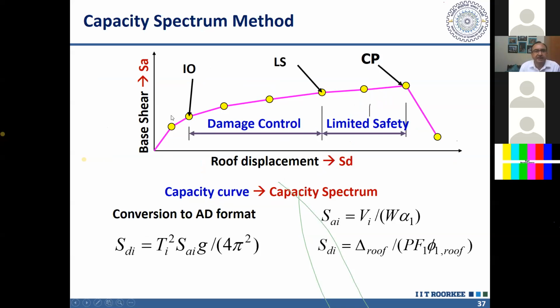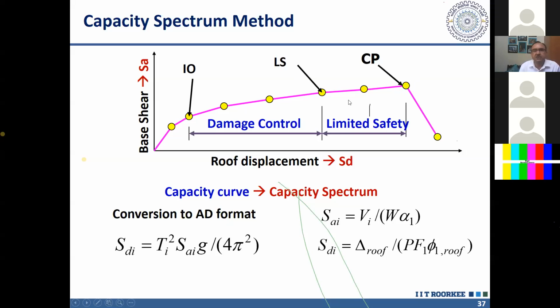At some condition, some member will cross the IO limit, some member will cross the life safety, and when one member crosses the CP or the building as a whole collapses, any of the two conditions will cause this CP limit state. So here we will reach the CP limit state.